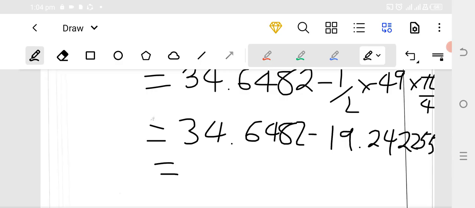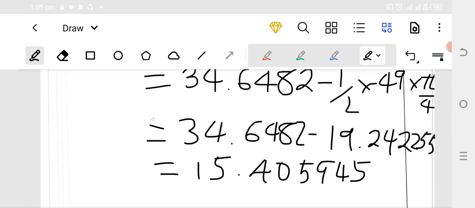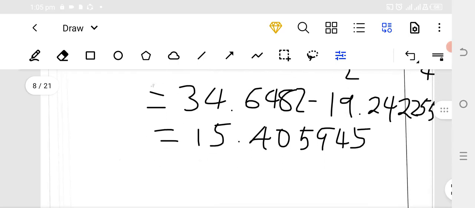Which is equal to 34.6482 minus that. You are going to have 15.405945.